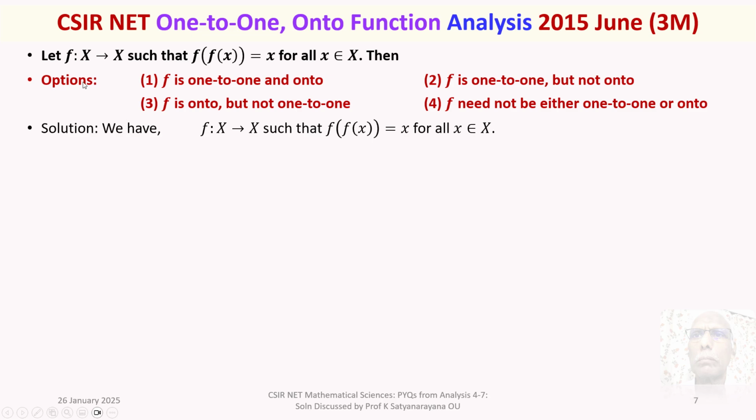We have a map f from X to X such that f of f of x is equal to x for all x belongs to X. That is, f compose f of x is equal to x for all x belongs to X. That is, f is a mapping from X to X such that f compose f is equal to I of X, the identity on X. Every x is going to itself.